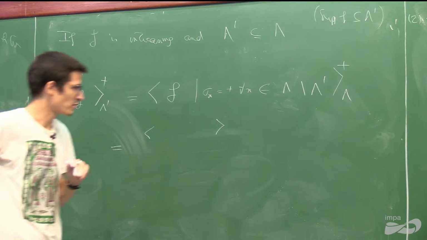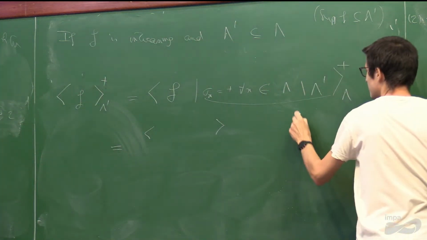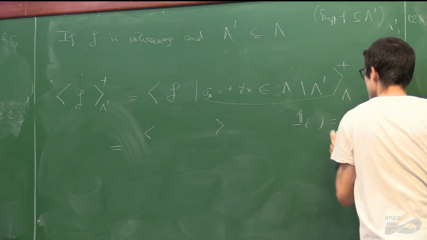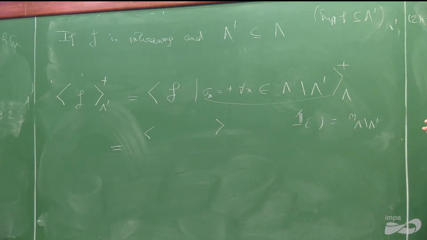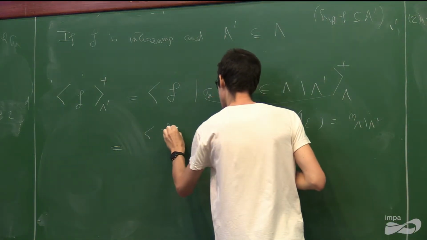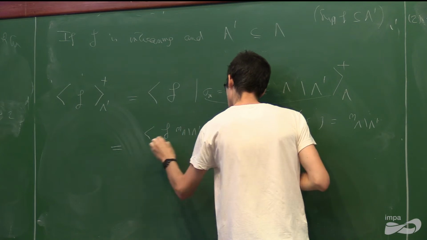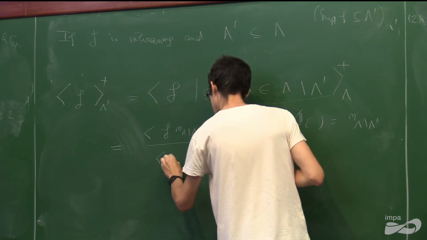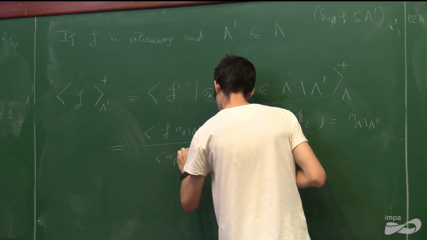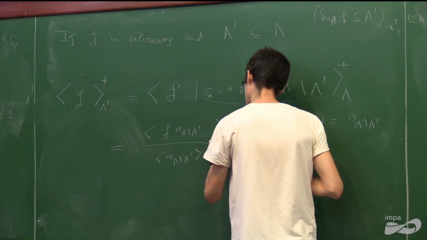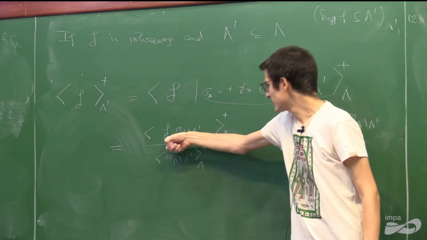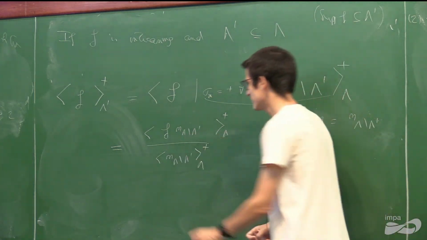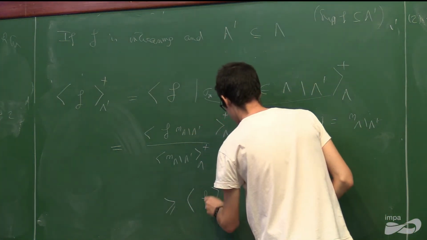This is the definition of conditional probability, but actually the indicator of this event is just n lambda minus lambda prime. So this is just f times n lambda minus lambda prime over n lambda minus lambda prime. Here we have lambda plus lambda plus. And now this is increasing, so I use the FKG inequality, and I get that this is larger than f lambda plus.